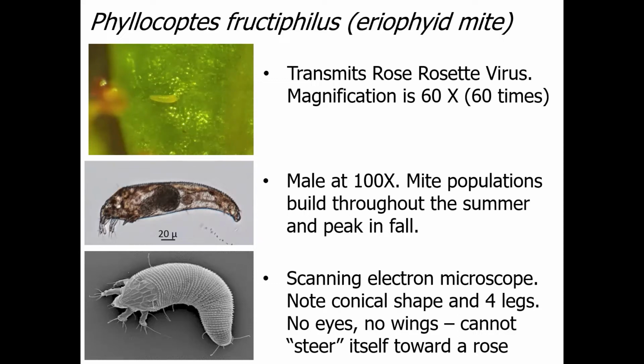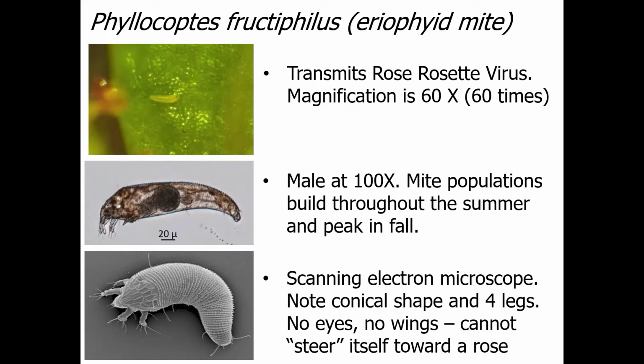So in the course of a month, she will lay 30 eggs. Those eggs will hatch in 1 to 2 days, and by 5 days later, those first ones are producing eggs of their own. This is why the population can just seem to explode.